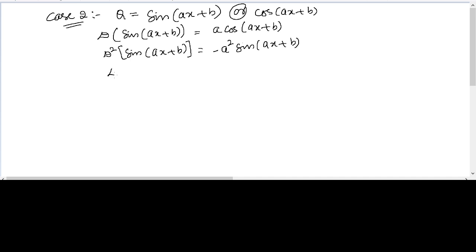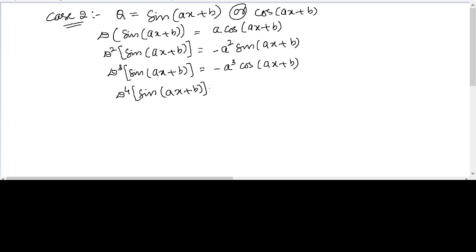So we continue with the differentiation, that is D cube of sine of ax plus b is equal to minus a cube into cos of ax plus b, and if we differentiate one more time we get a power 4.